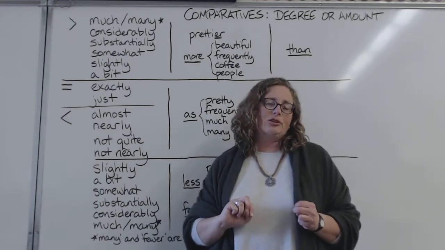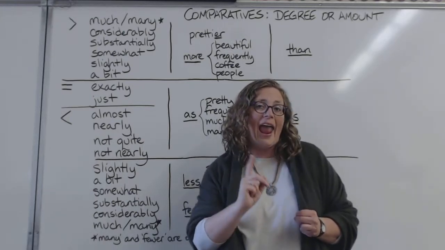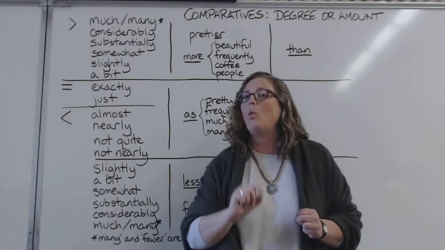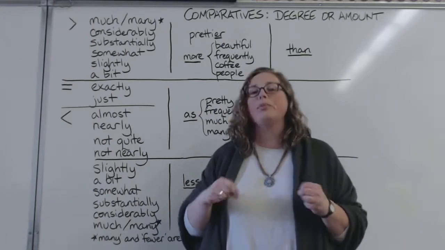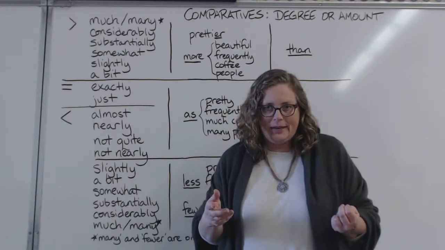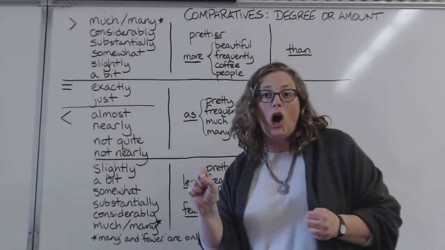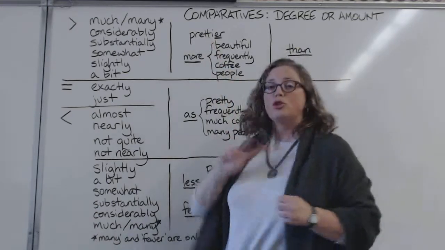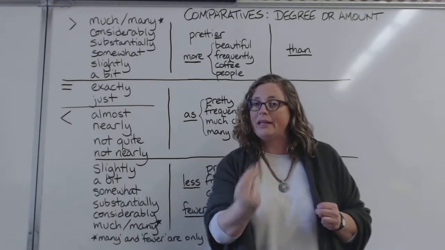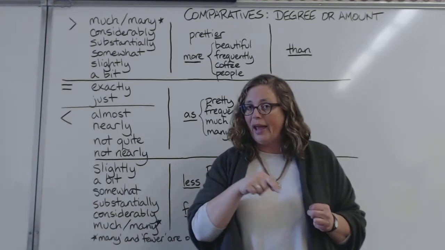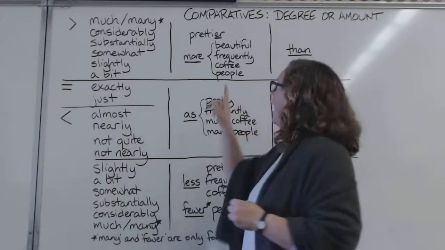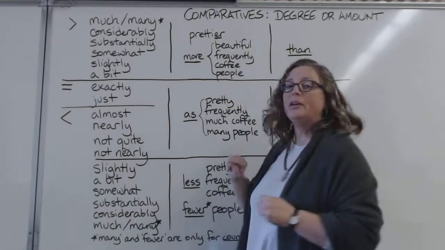If the adjective is two syllables and ends in a Y, sunny, pretty, windy, you take out the Y, put IER. So pretty is two syllables, ends in a Y. Take out the Y, IER, prettier.